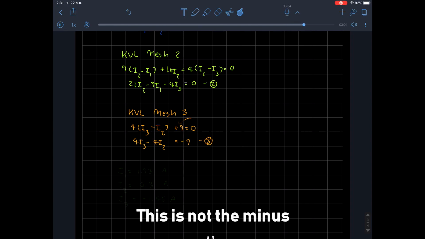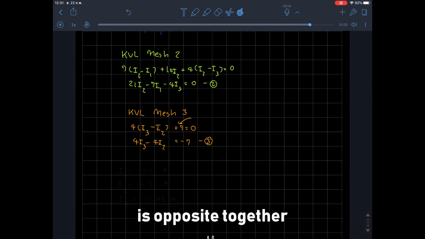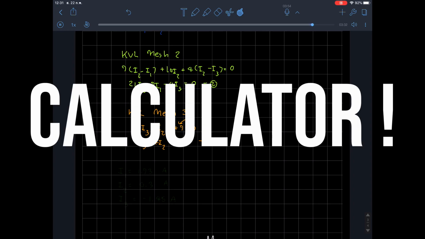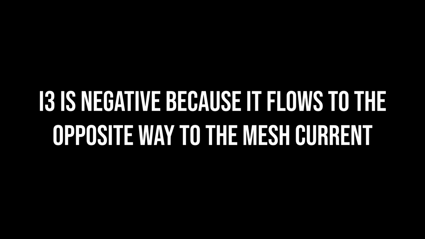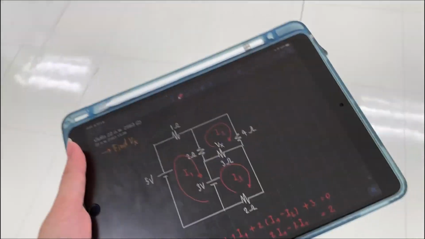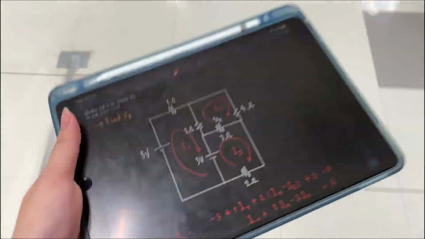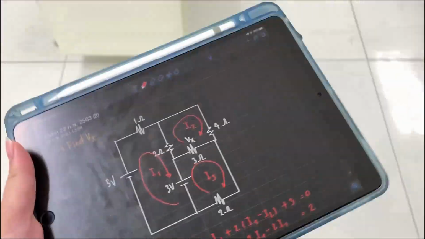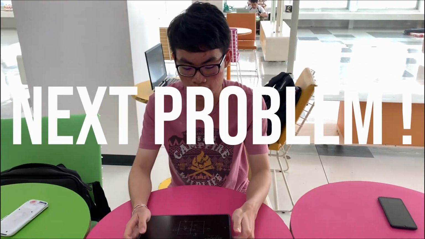This is not negative because the current runs into the positive terminal. Then you use the calculator to solve the equations, and the answer that we get is shown. Let's go to the next problem.